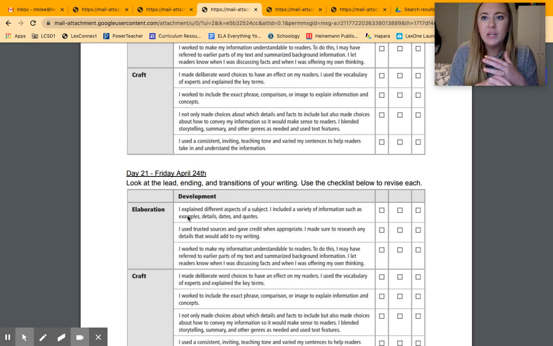So with your lead, remember you want to have a good hook for your readers to want to read what you wrote. Your conclusion, your ending, needs to wrap up all of your writing. So you're going to repeat some of the things that you wrote about, which you know based on the headings that you put in your body paragraphs. And your transitions really help the reader move from one paragraph to the next. Transitions really help with the flow of your paper.